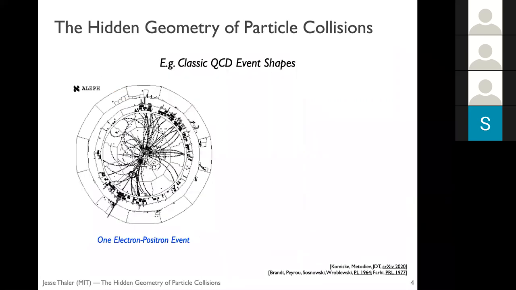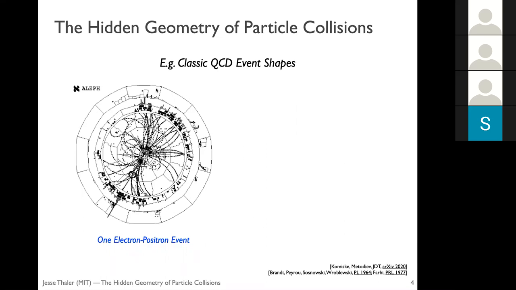An example that I'll explain in more detail later is classic QCD event shapes, and ideas going back to, for example, my colleague Eddie Farhi in the 1970s, of understanding the thrust of collision events in electron-positron collisions. What I'll explain in this talk is that there's a geometric way of understanding things that we've been talking about for many decades.